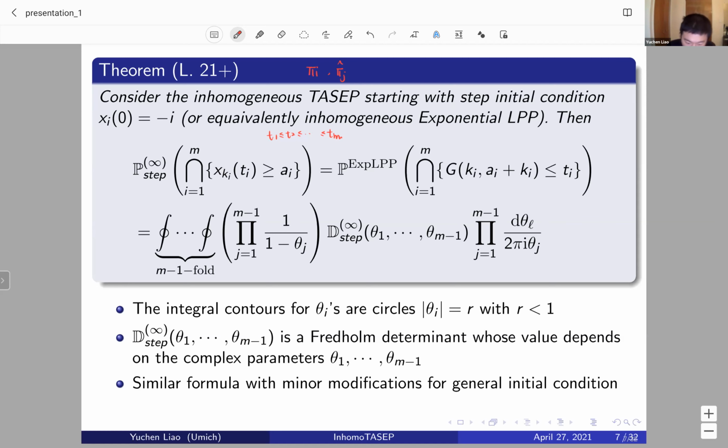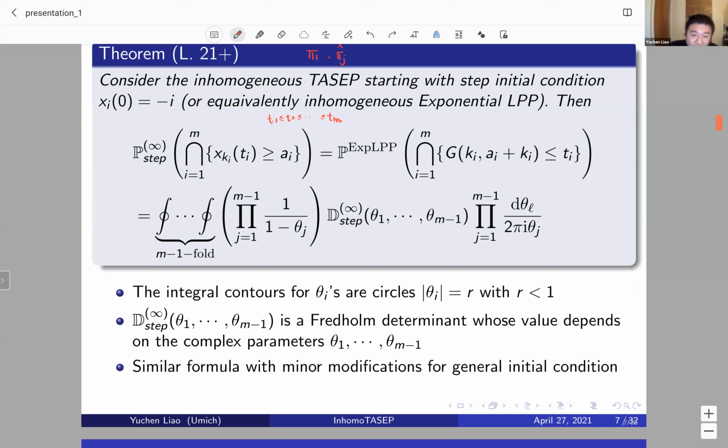So there is some extra massage if you consider equal time, and at that time I expect this formula reduces to the familiar extended Airy type kernel when you do some massage of this formula. But I did not try to work hard to work that out.